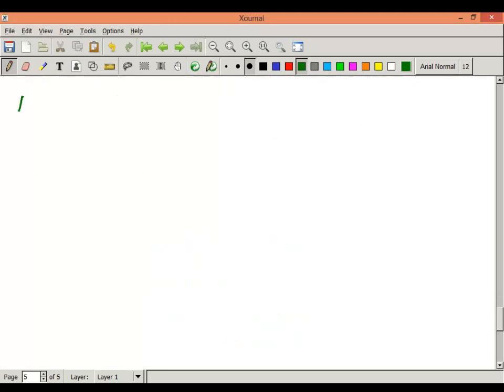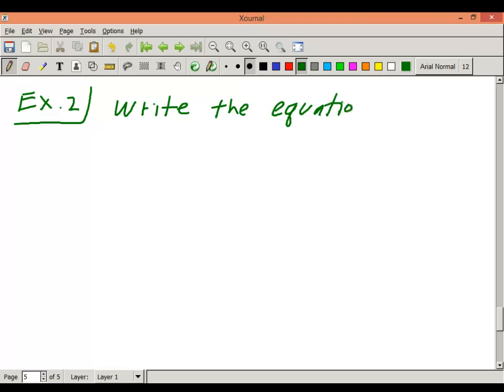Okay, example number 2. So this time we're supposed to write the equation of the line which passes through.